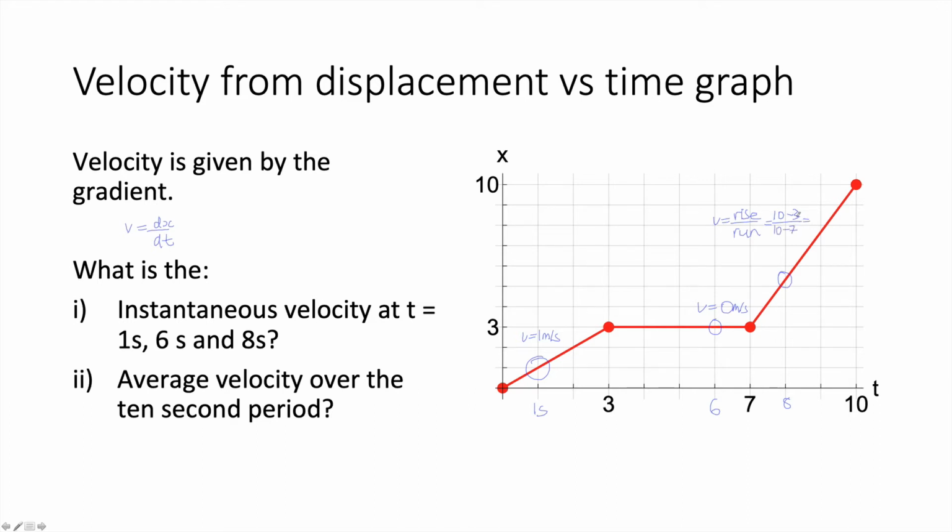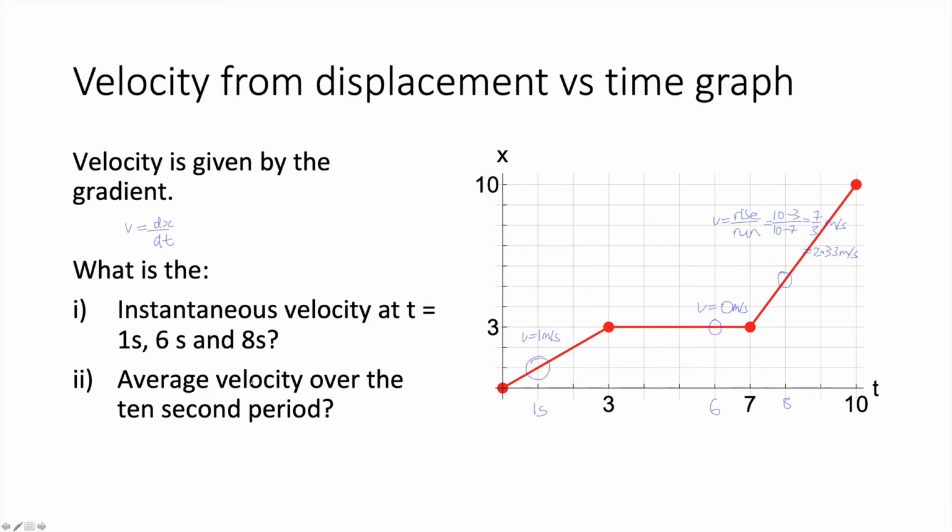This is equal to 7 over 3 meters per second, which you could work out on a calculator if you wanted. If we do that, we get that this is equal to 2.33 meters per second. And again, this is along the positive x-axis.